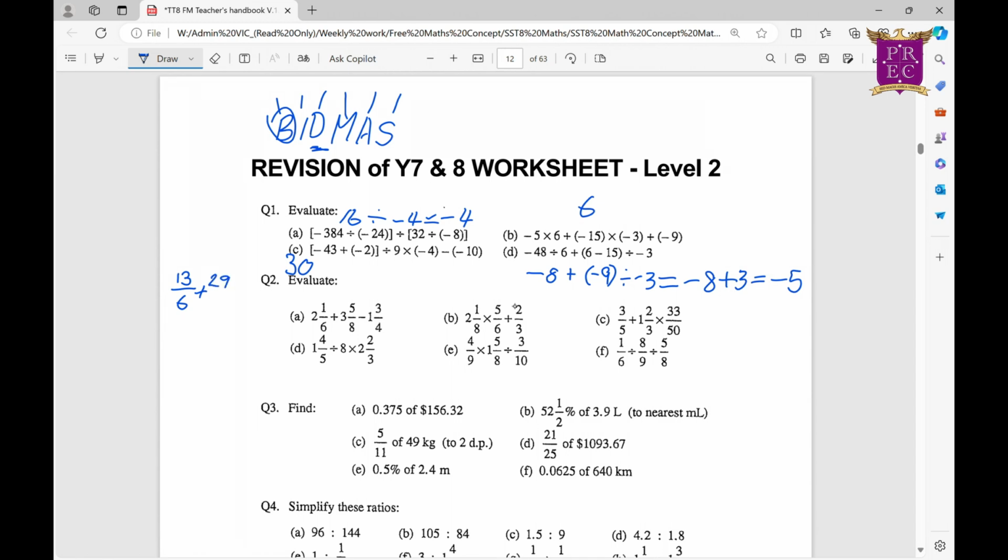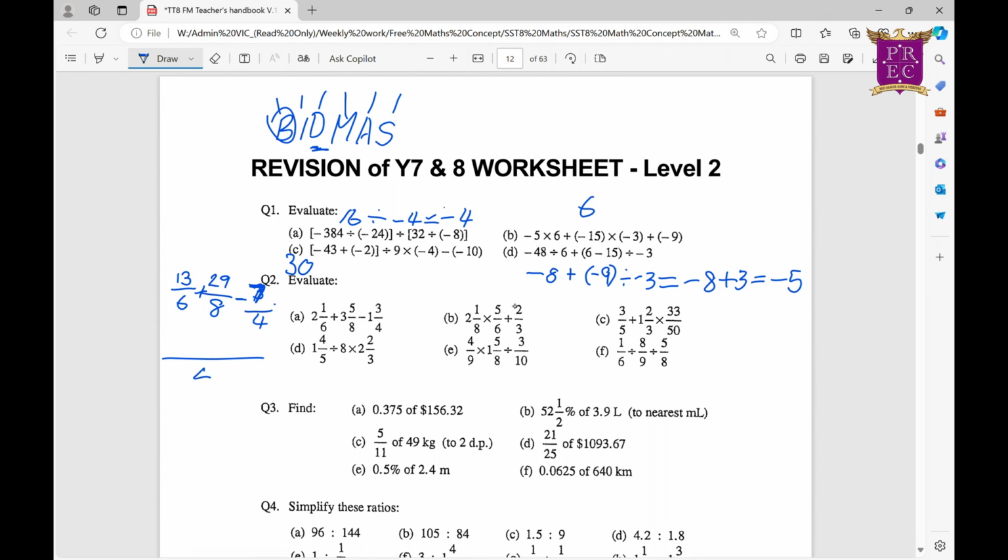So 29 on 8, minus 4 times 1 is 4, plus 3 is 7, so 7 on 4. Now we find out what the lowest common multiple is, to find out the common denominator. I think it should be 48.